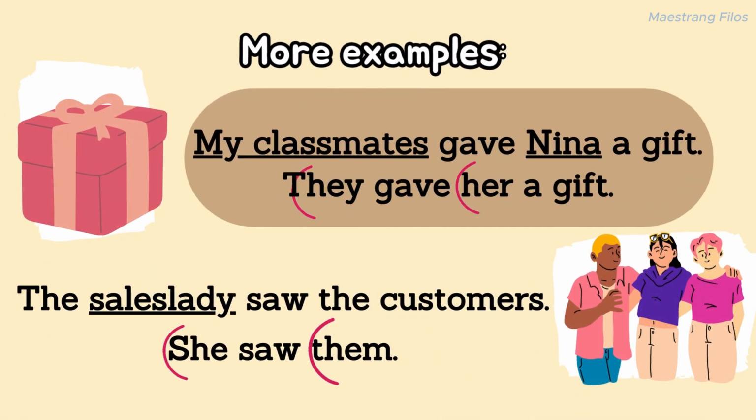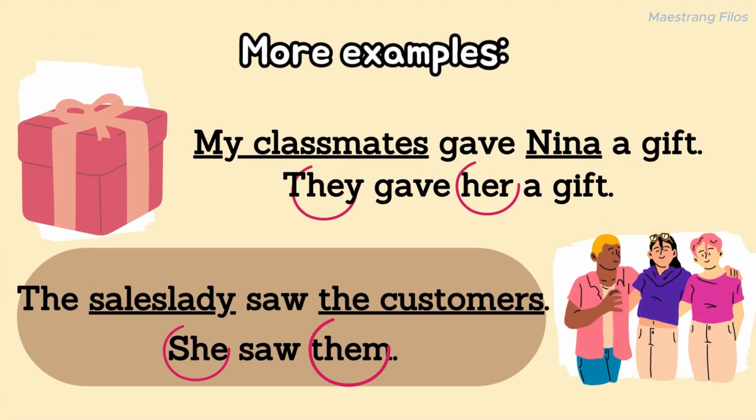Third example. My classmates gave Nina a gift. The underlined nouns are, can you read, kids? Very good. The underlined nouns are my classmates and Nina. Now, my classmates can be replaced with the pronoun they, and Nina can be replaced with the pronoun her. Therefore, our new sentence will be, they gave her a gift.